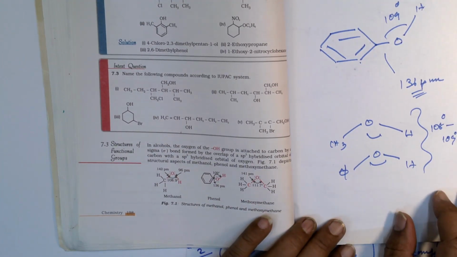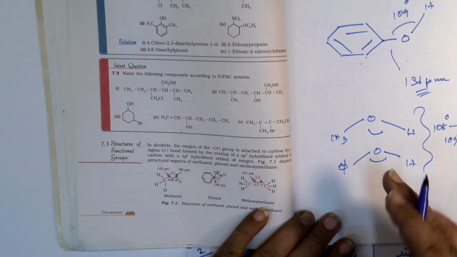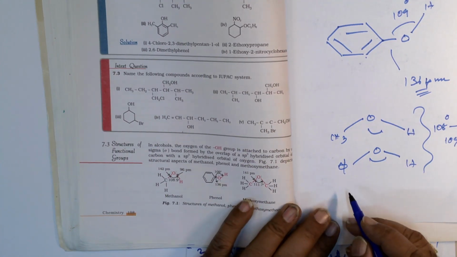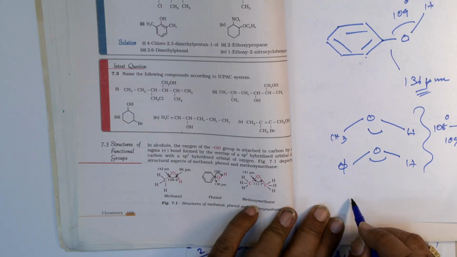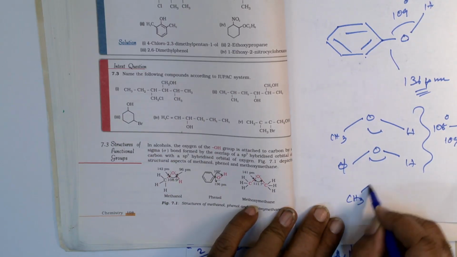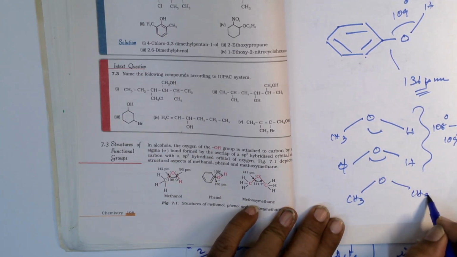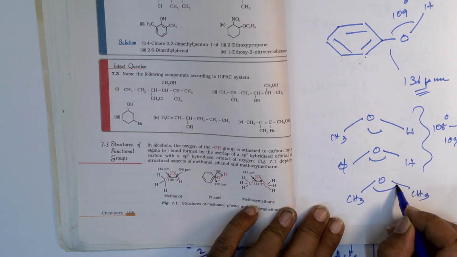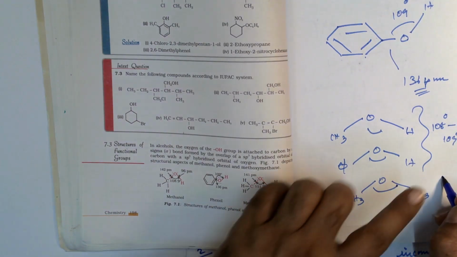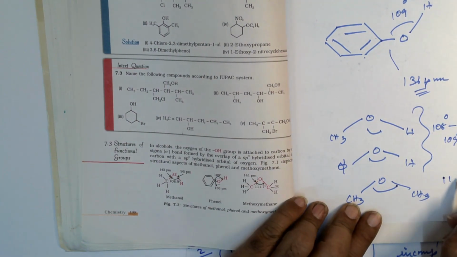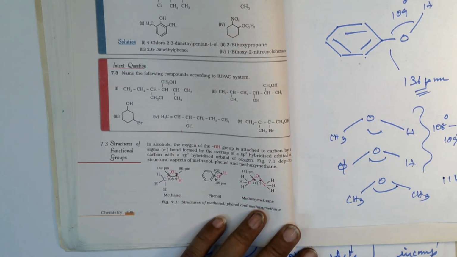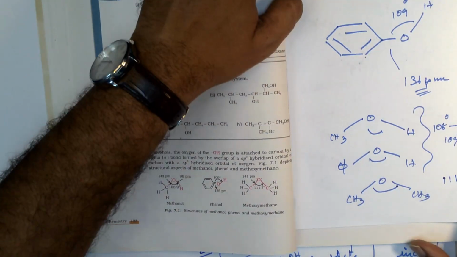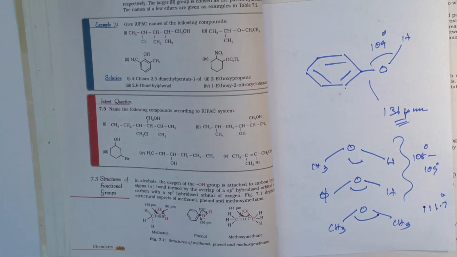But listen to me very carefully: when you consider the same oxy link in methoxymethane, with methyl group, O, methyl group, the bond angle is much greater than this. It is 111.7 degree. So you can say in which case the bond angle is less.